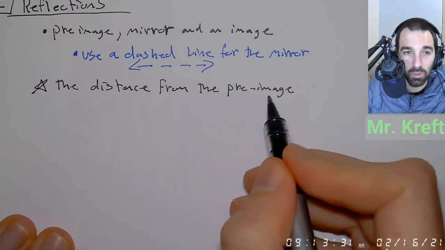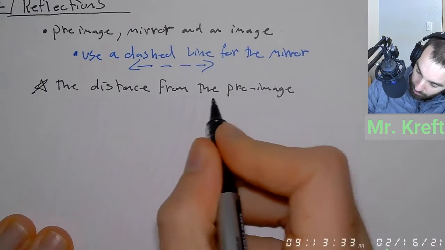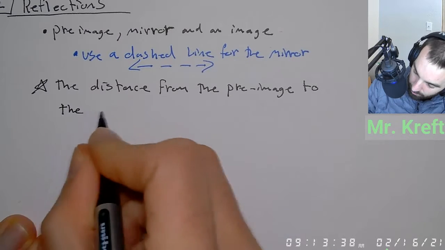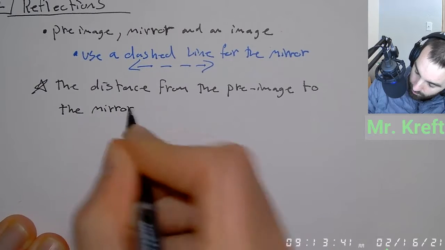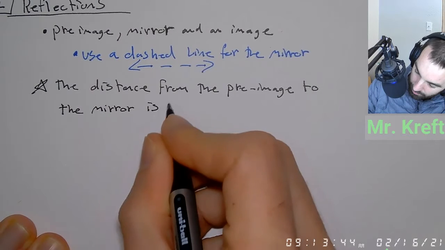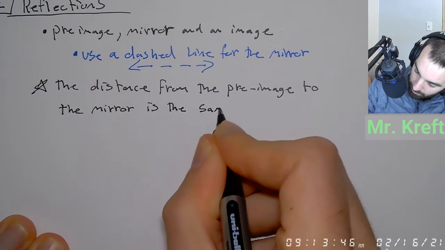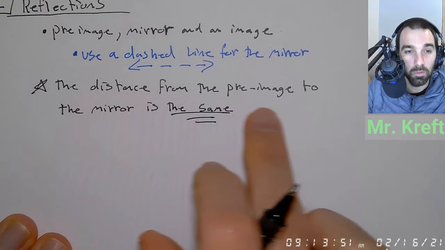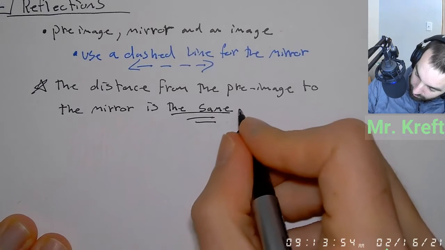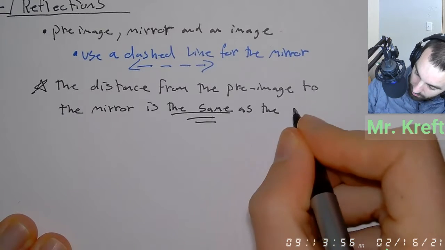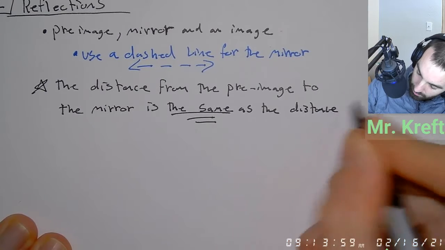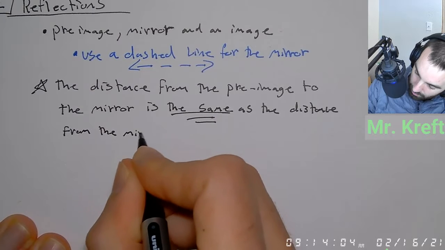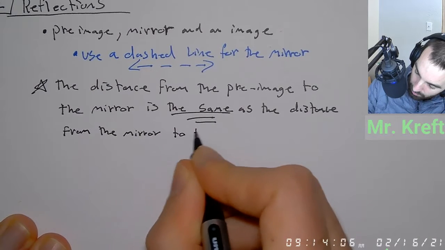The distance from the pre-image to the mirror is the same, and I'm going to underline the same because that's the most important. The distance from the pre-image to the mirror is the same as the distance from the mirror to the image.